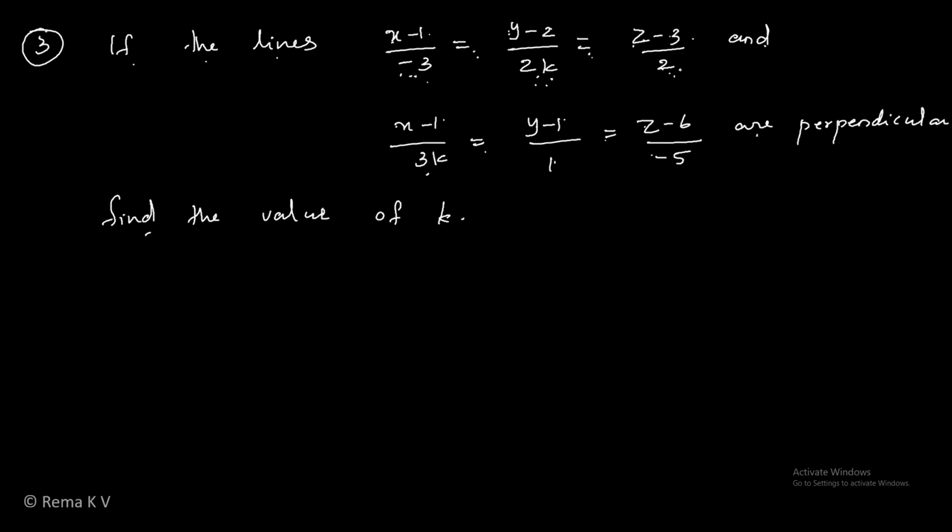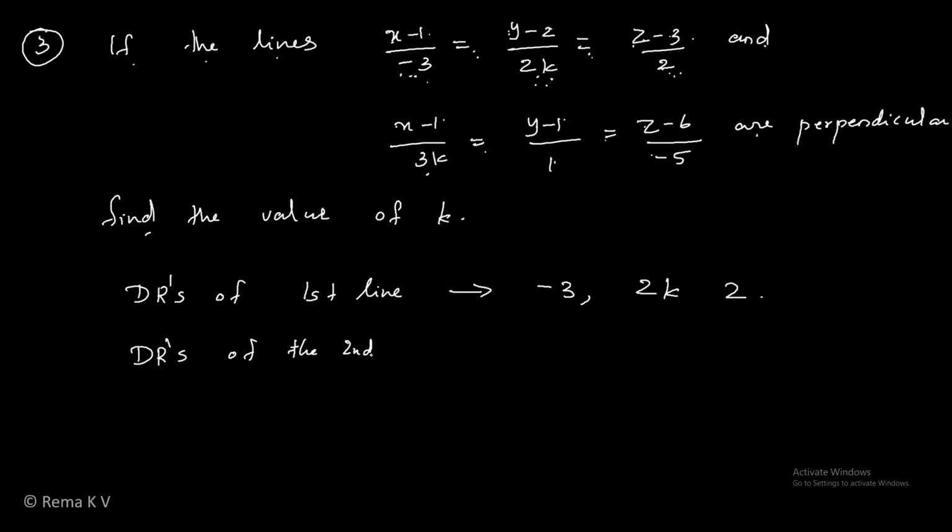Minus 3, 2k and 2 are the direction ratios of the first line, and the direction ratios of the second line are 3k, 1 and minus 5.